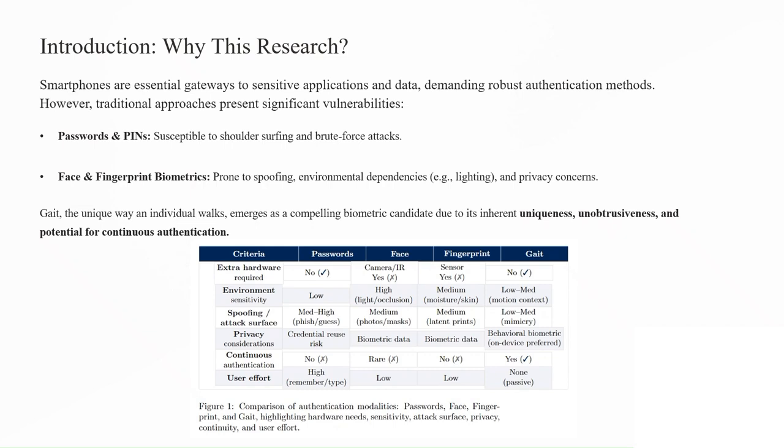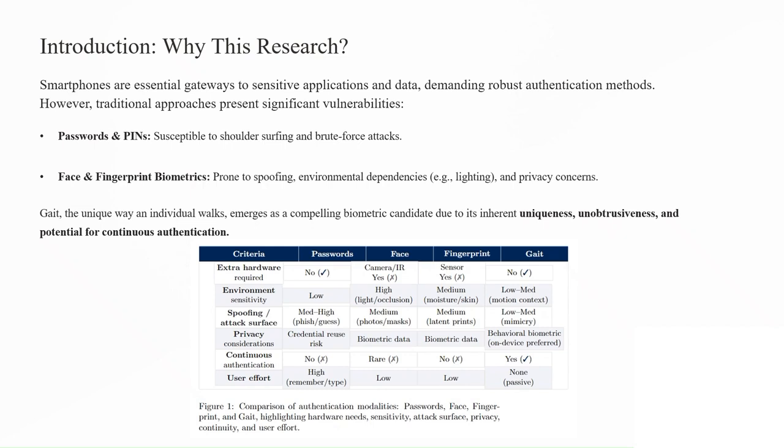Biometrics such as fingerprint and facial recognition improve convenience, but they also suffer from spoofing attacks, environmental sensitivity, and privacy concerns. This motivated us to explore gait-based authentication, which is a behavioral biometric that is unique, unobtrusive, and can operate continuously in the background.